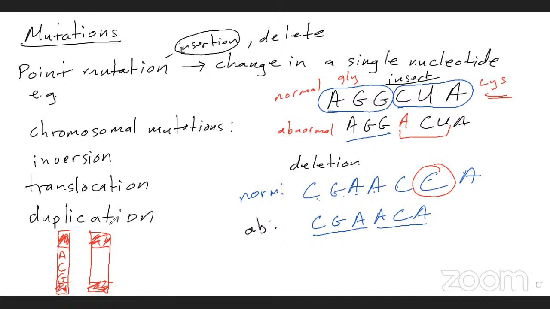So ACG becomes G up here, C and A, right? So it's just the opposite. So just flip it 180. So ACG, GCA.